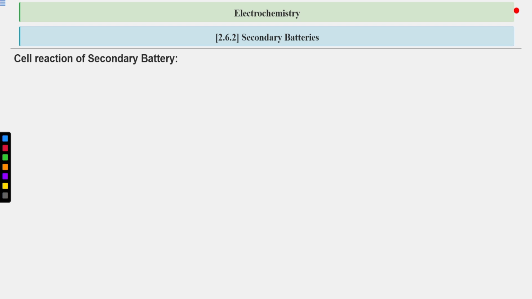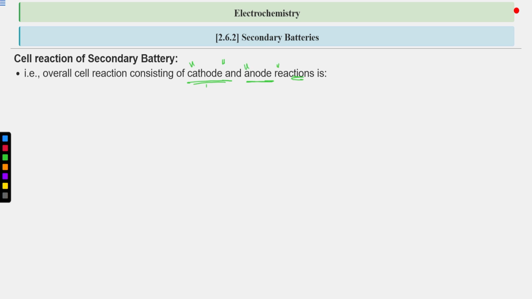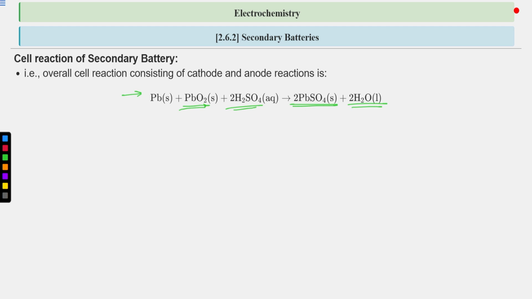Now continuing on this topic, that is the overall cell reaction consisting of cathode and anode reactions. If you write the overall cell reaction of the lead storage battery or the secondary batteries, that will be the sum of the cathode and the anode reactions, which is lead adding with lead oxide and two molecules of H2SO4, sulfuric acid, and giving us two molecules of lead sulfate and two molecules of water in the liquid state.